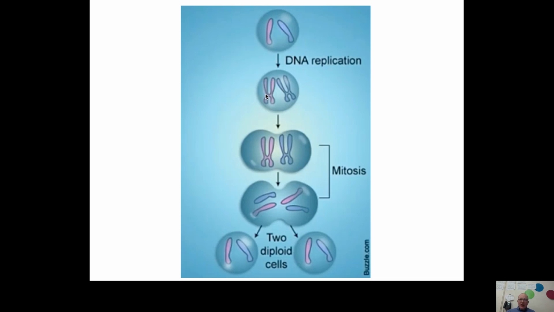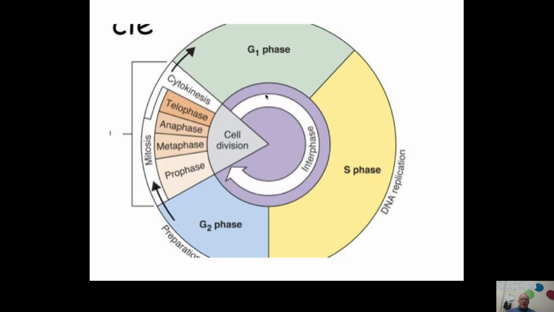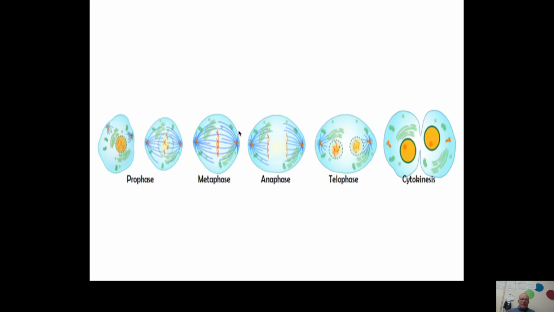After they line up in the center of the cell during metaphase, the chromatids split and they become chromosomes, and they head back towards each side of the cell, with these spindles guiding them back to their new sides of the cell, from the spindles coming from the centrioles.